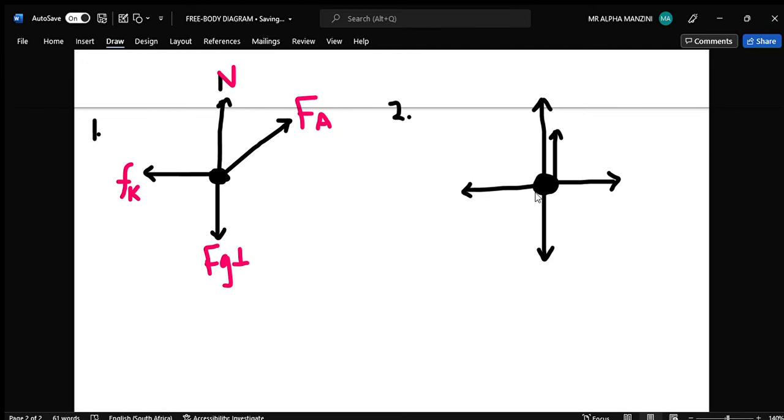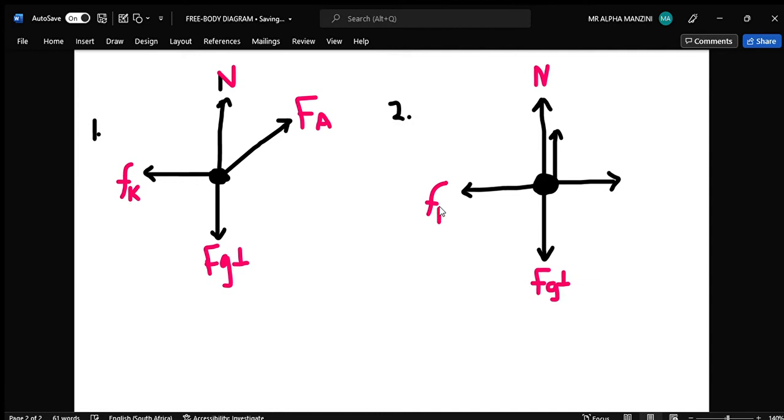So since we put this one Fg, same as that one, Fg perpendicular, we call this one normal force, we call this one Fk as kinetic frictional force. Then we call this one Fy, a vertical component, and we call this one Fx.